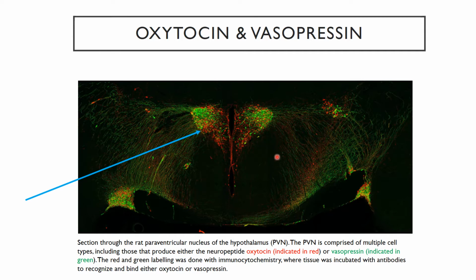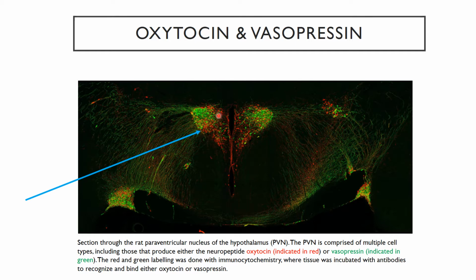So there are other brain areas here that are filled with neurons, but we can't see them because they don't have oxytocin, which is shown in red, or vasopressin, which is shown in green. So we see that the red cells and green cells are largely located in the same nucleus, in the paraventricular nucleus. The other thing that you should see is that there's virtually no yellow.